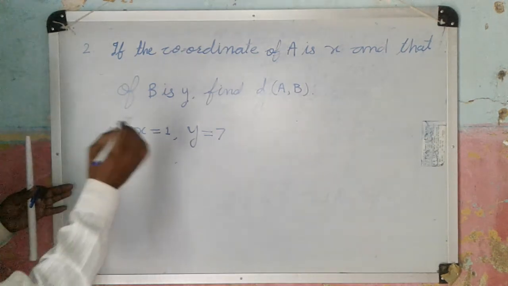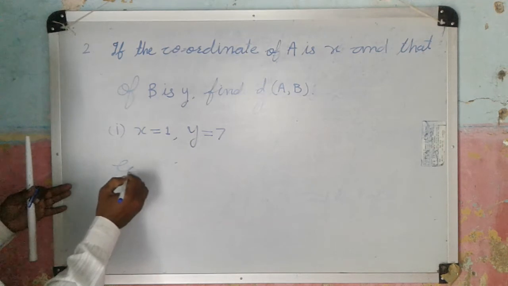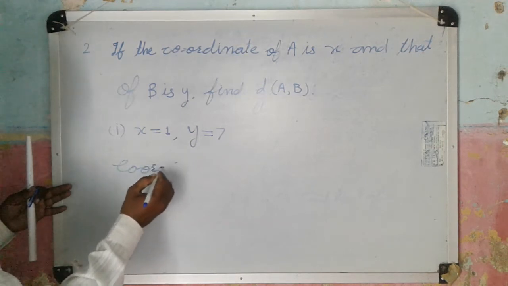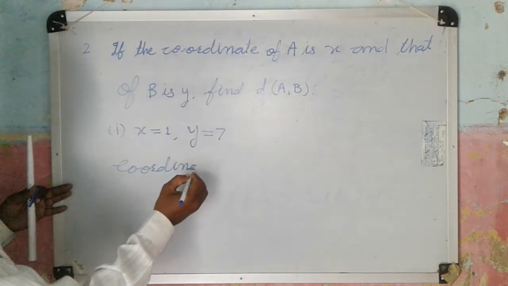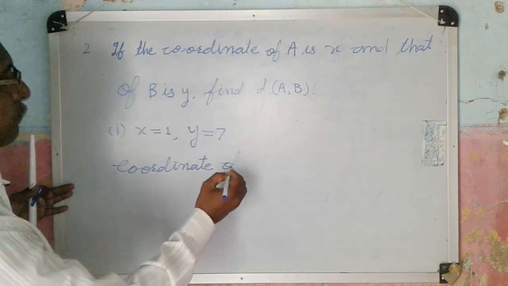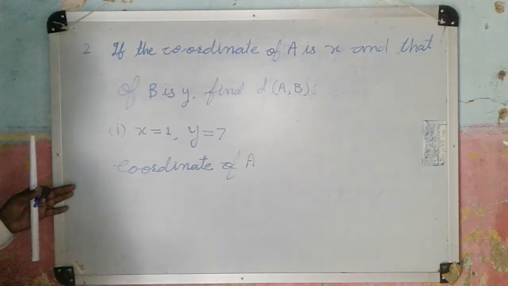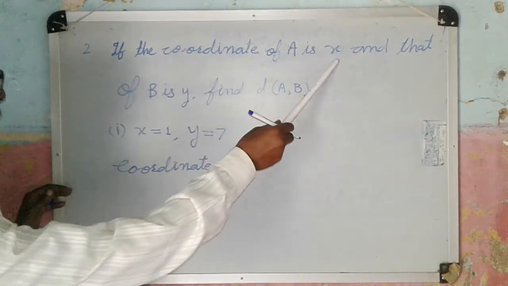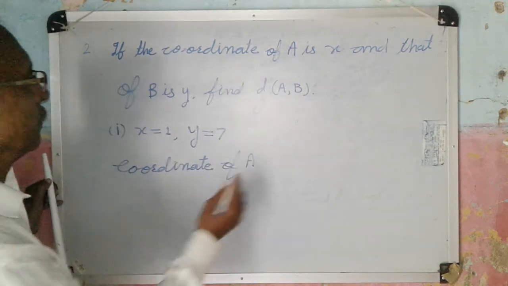Now in this example, coordinate of A is x and x is equal to 1.